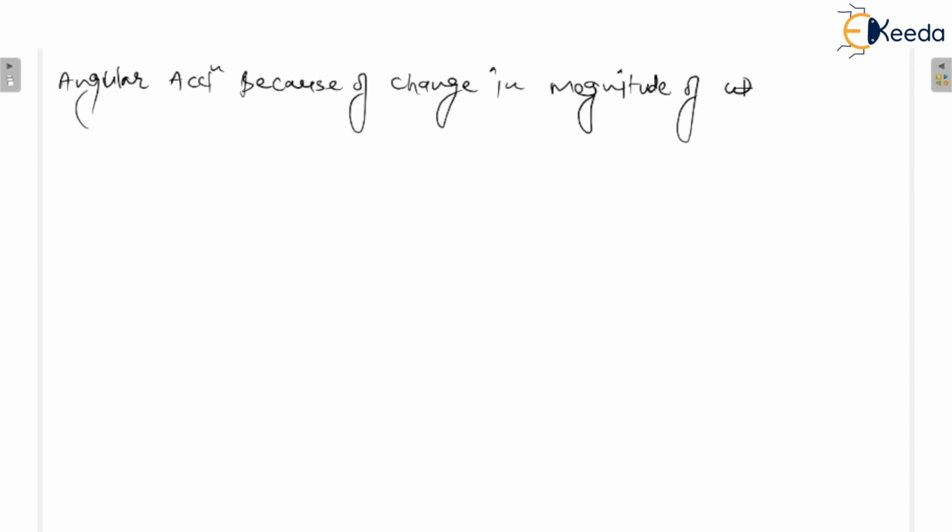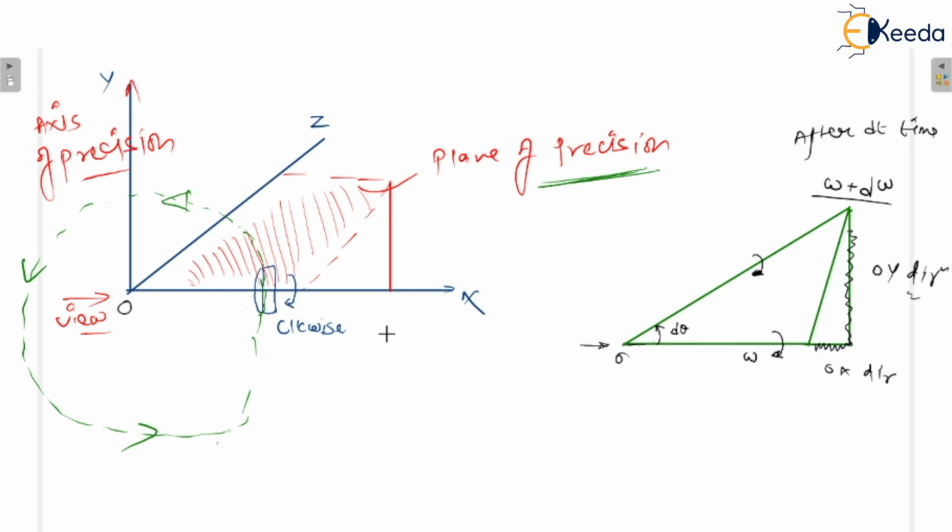The magnitude of omega would be omega plus d omega. We are going to calculate the angular acceleration because of the change in magnitude of omega. So omega plus d omega cos of d theta, because you can see in the diagram that we are going to consider this direction.